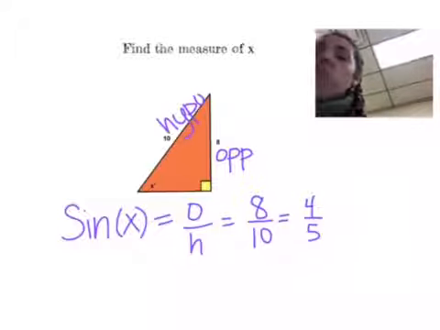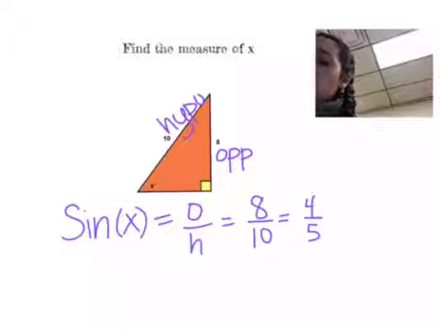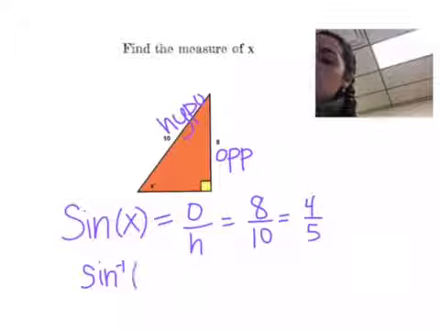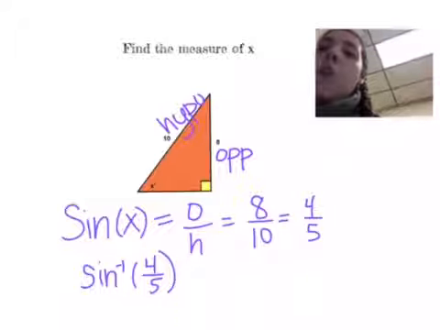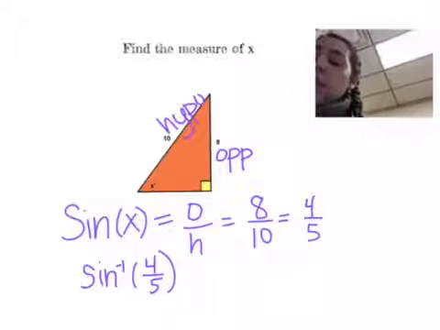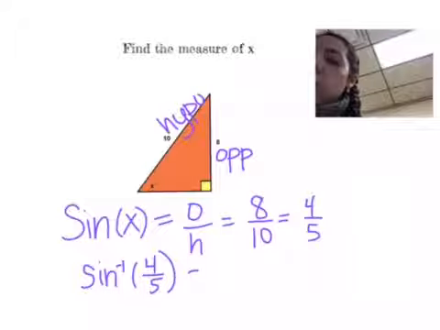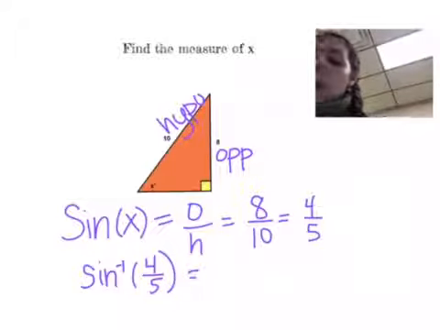So what you're going to do is the inverse sine function. And if you look under the trig functions, it's going to have a little -1 as an exponent. So you're going to plug that into your calculator and then type in 4/5. You might have to just do 4 divided by 5 since a fraction is just telling you to do division.